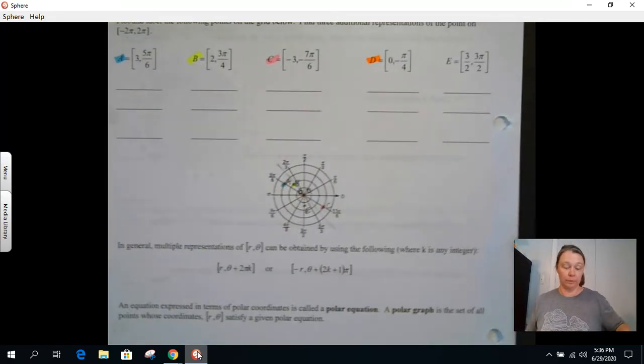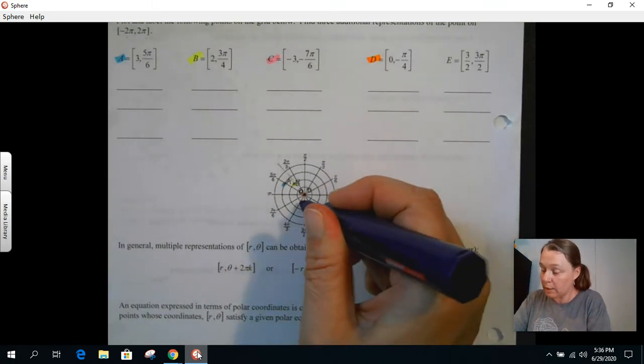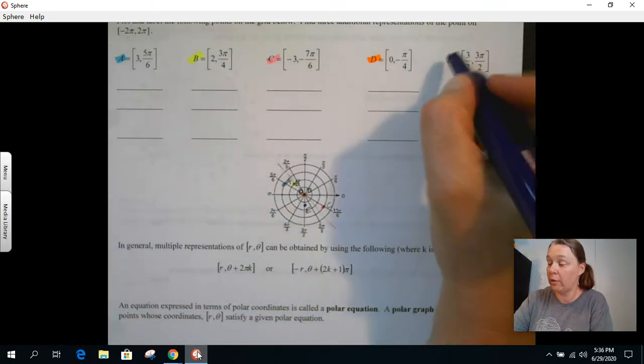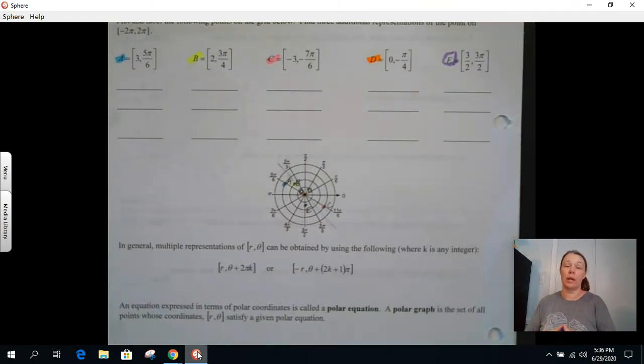Now remember that each angle, we talked about this in chapter 5, has multiple ways it could be represented because we have coterminal angles. And so that means every polar coordinate can be represented an infinite number of ways.